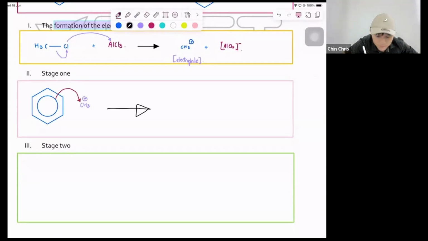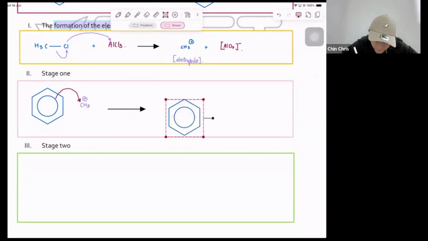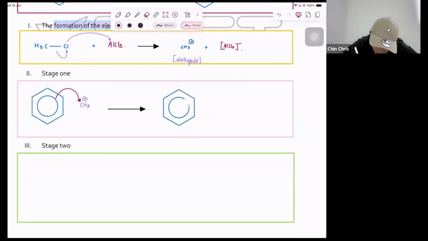What's going to happen next? Let's say it substitutes on this position. This will turn into a plus, and you have a CH3 here, correct? Then you have an H here, correct? That's it.